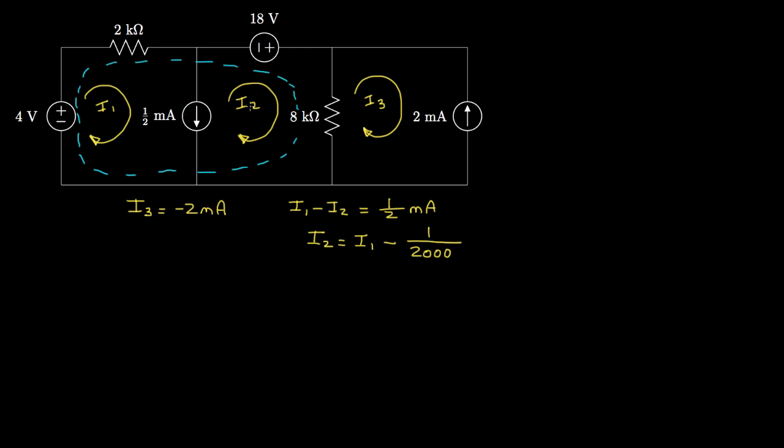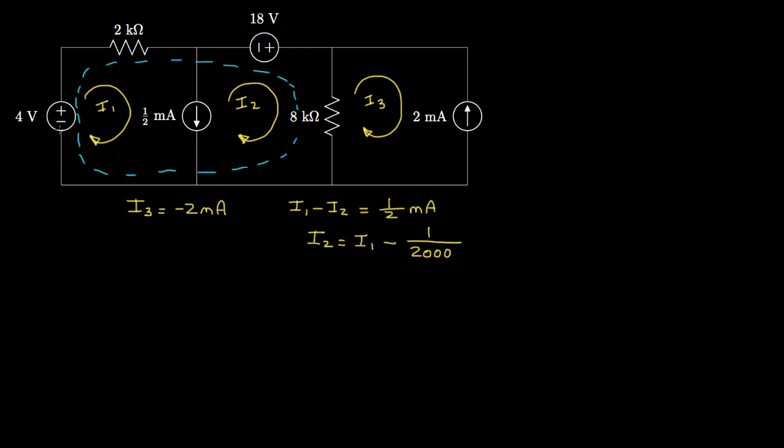Anytime we see I2, we can write it in terms of I1, so this will be as though we're writing one giant mesh equation that really only depends on I1. Because I2 is I1 minus 1/2 of a milliamp, the only mesh current we'll need is I1 as we move through it. Let's see what I mean by that.